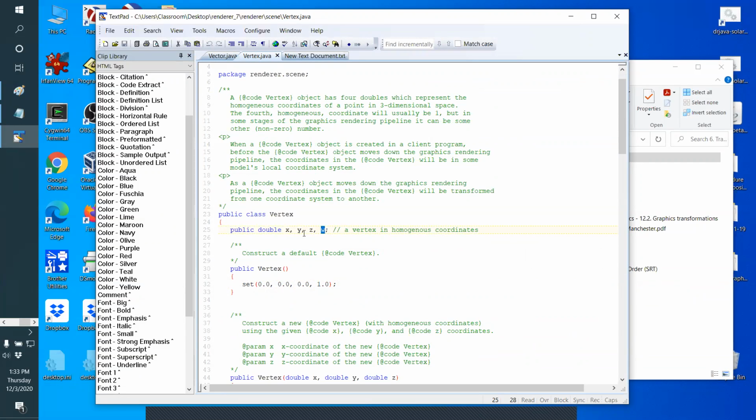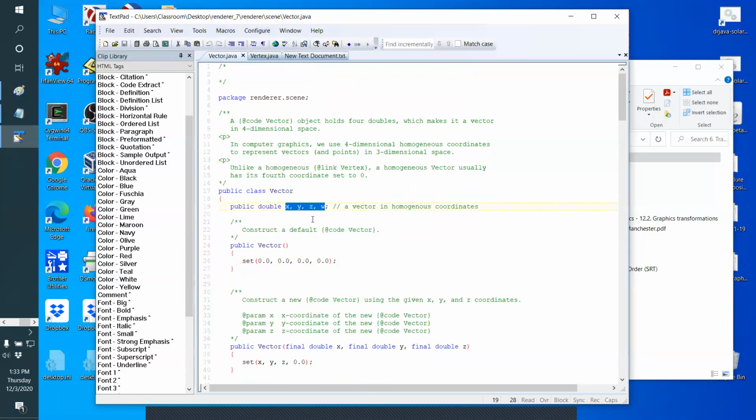They try to save a little space because the 4th number is implied to be a 1 all the time. So when they do their matrix multiplications, the hardware has to introduce that 4th number; it's not stored in memory, but it's kind of built into the hardware. But here, to keep things easier, the vertex has 4 coordinates. It'll almost always be the case that that fourth coordinate is going to be 1 for a vertex, and it'll be 0 for a vector.